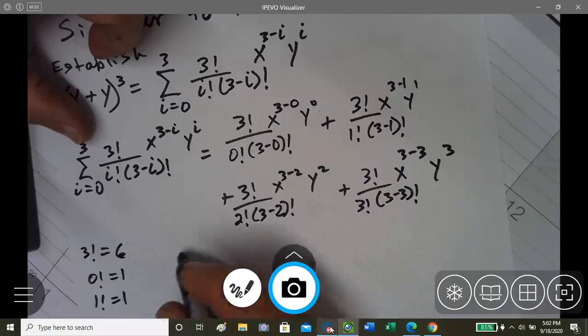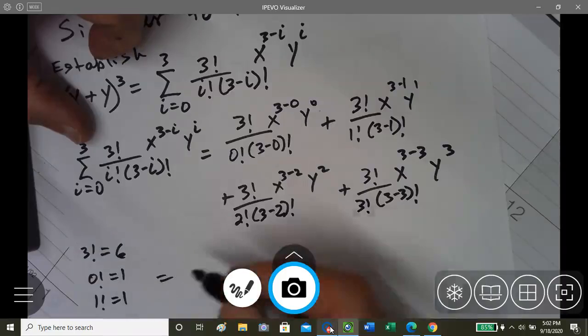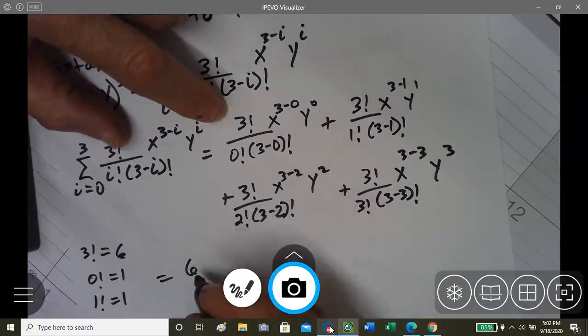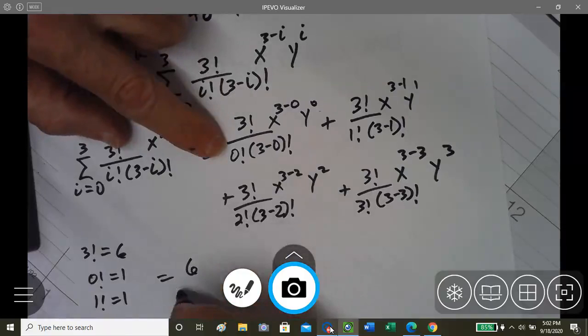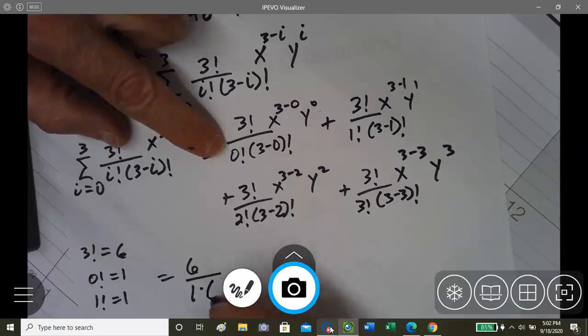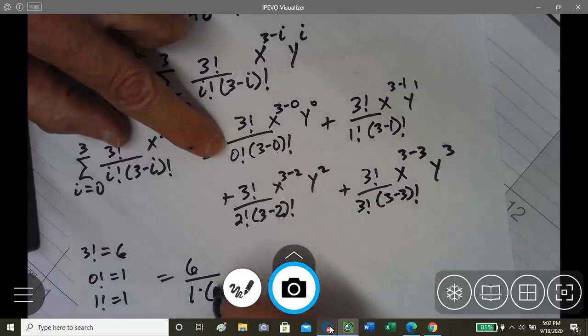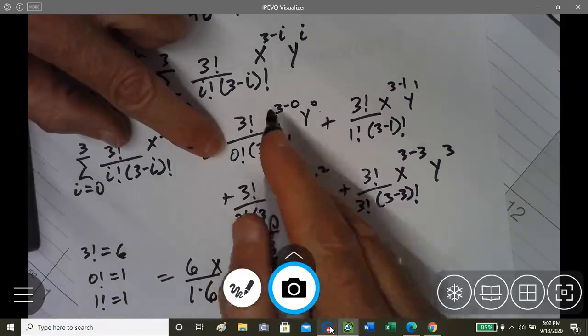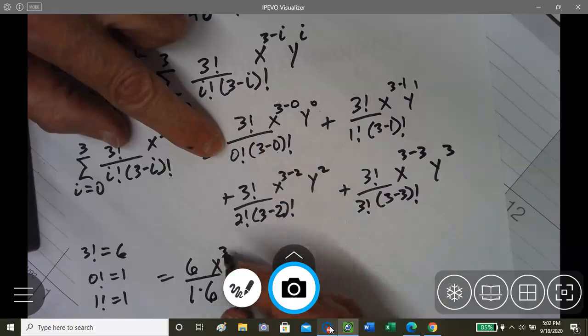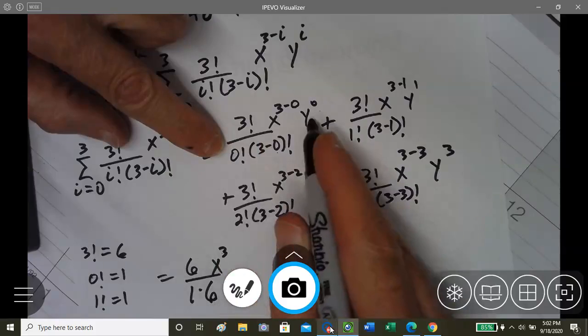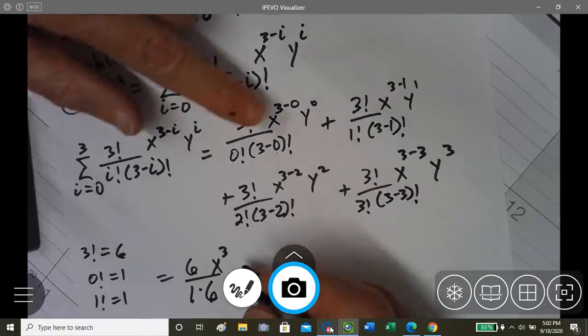So here we have 3 factorial, we said that's 6. 0 factorial, we said that's 1. 3 minus 0, that's 3 factorial, which we said was 6. And that'll be 3 minus 0, that's x cubed. y to the 0 is 1, so we can drop the y.